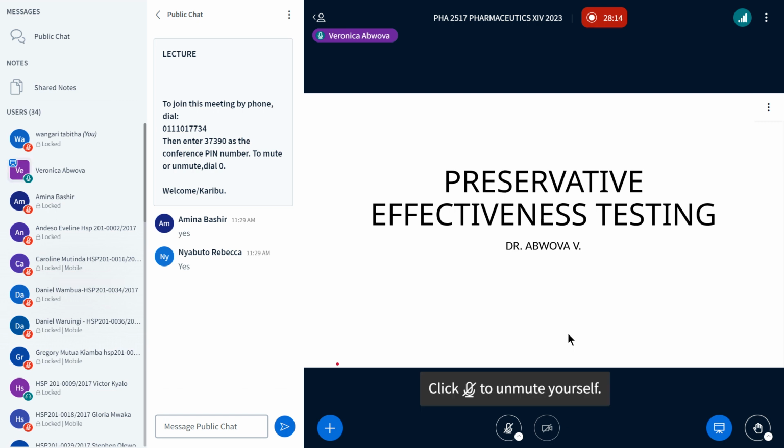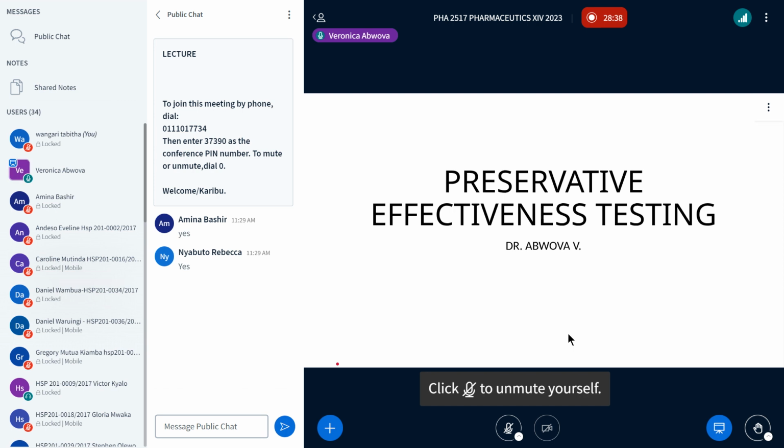Remember what we talked about with regards to eye products, okay? You want to be able to prove that the product you're coming up with to be used in the eye is not going to cause harm to the eye, okay? And if you're adding preservative, you need to be able to prove to us that that preservative is actually effective.